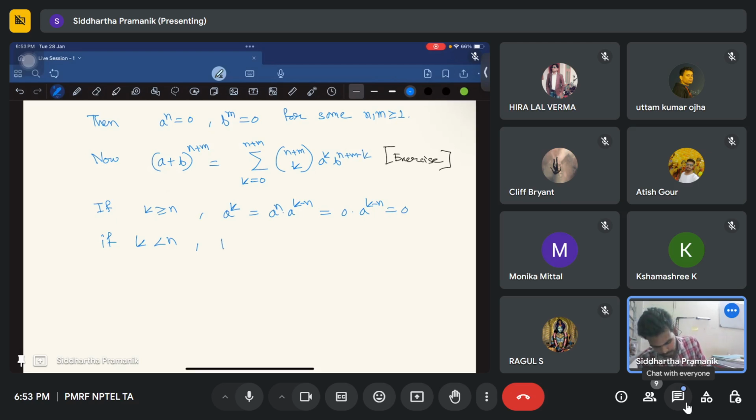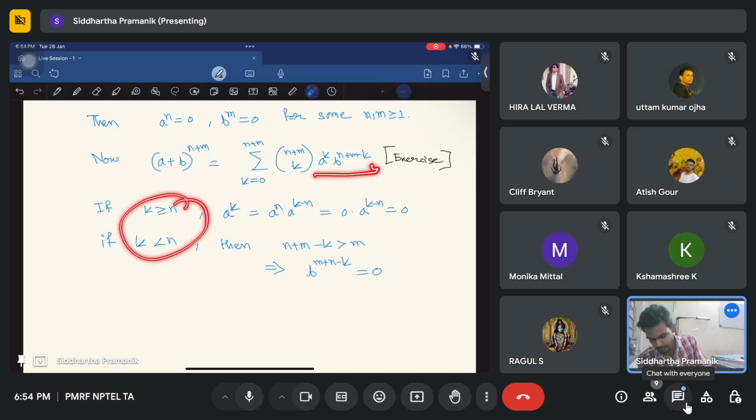So then n plus m minus k is greater than m, and that will imply b power n plus m minus k will be 0. So in this product, every element is 0, whatever the case.